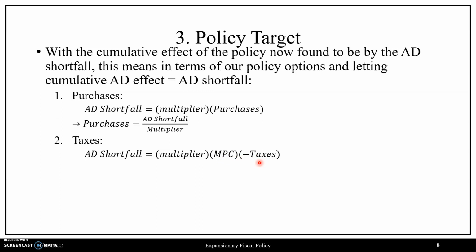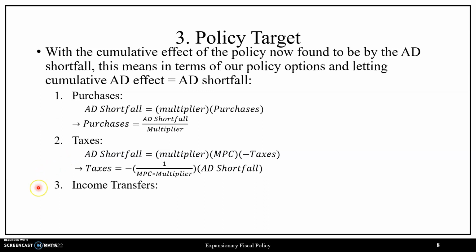Same as before, solving with respect to taxes, this means if the government were to pursue expansionary fiscal policy in the form of tax decreases, to restore the long-run equilibrium, the government would want to decrease taxes by the amount of minus 1 divided by the marginal propensity to consume, scaled by the multiplier, all scaled by the 80 shortfall, where after the initial effect and the secondary shift has occurred, the cumulative effect of the tax decrease would be precisely the amount of the 80 shortfall.